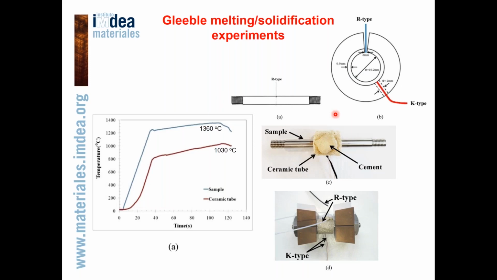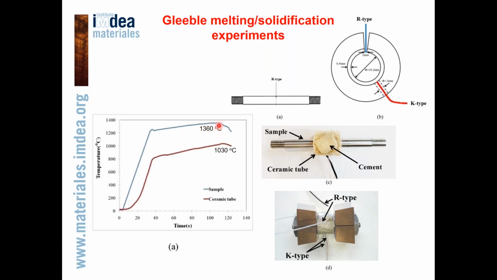The ceramic tube cannot be heated via resistance heating because it's not conductive. But it can be heated via heat transfer from the hot sample. So by varying the heating rate and contact time between the sample and ceramic tube, we can reach the temperature of interest in the ceramic tube.